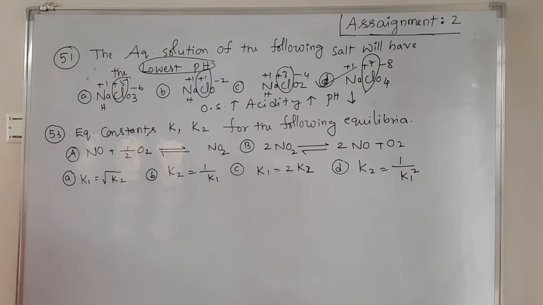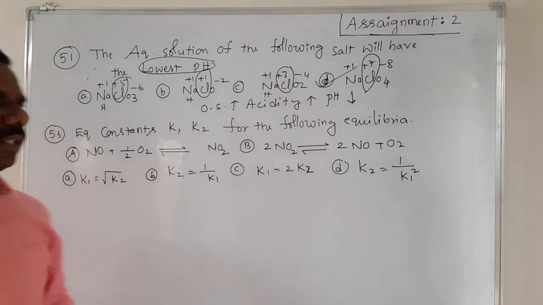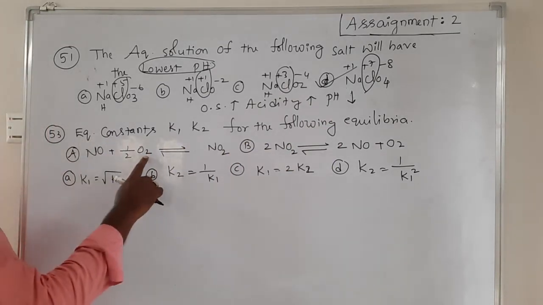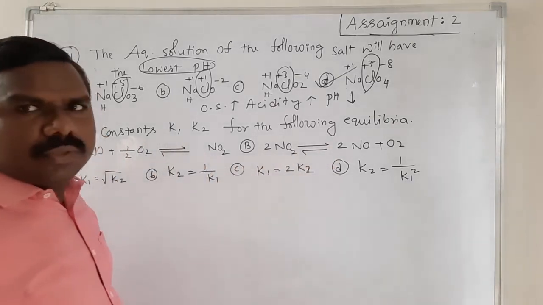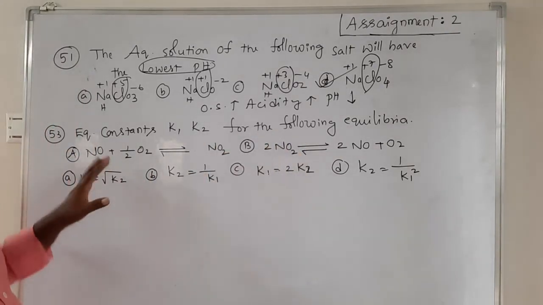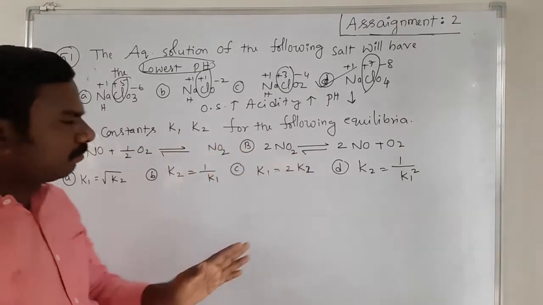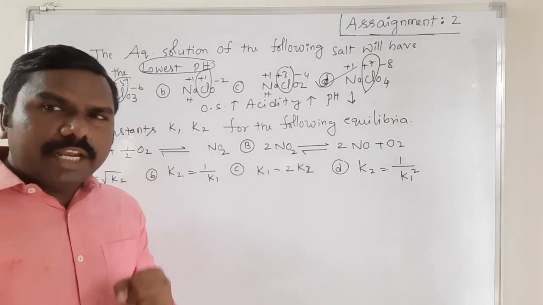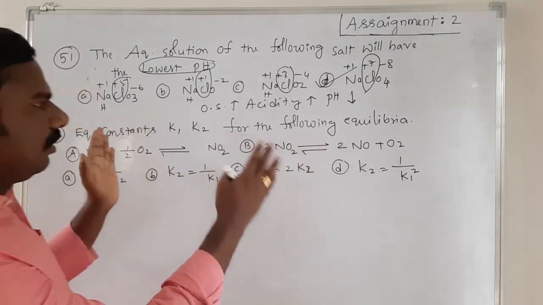Next 53. Equilibrium constants K1 and K2 for the following reactions will be. How is it? Check it. NO plus half O2 gives rise to NO2. 2NO2 gives rise to 2NO plus O2. Observe students. Here NO2 is flipped. NO2 is on the product side in the first, but in the second it is on the reactant side. It means the first equation is like this, and the second equation is flipped.